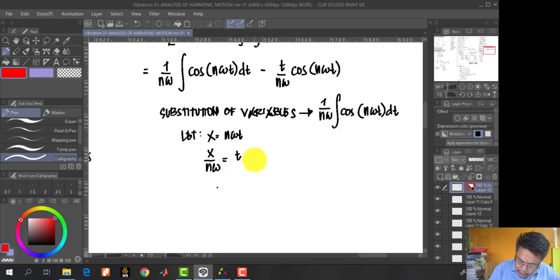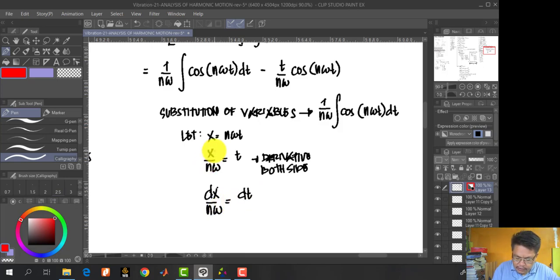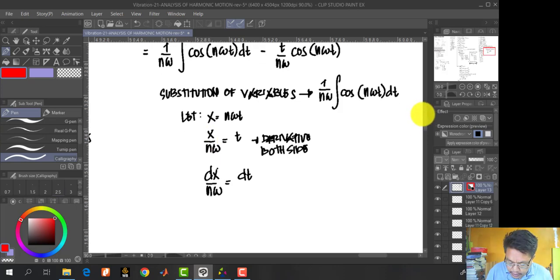We do a derivative on both sides, so that we can substitute in the equation. That will be dx over n angular velocity times dt. Since this is a constant and this is the variable, I just substituted, and that's why it's called substitution of variable. Okay?